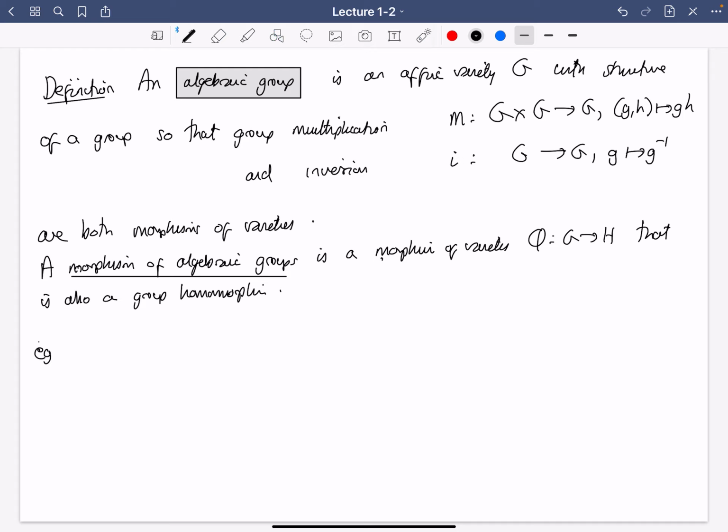Let's just have one little example right away, and that's the most important example, the general linear group GL_n of K, which you know is n by n invertible matrices with entries in our field. So let's see why that's an algebraic group. Well, you have to think about all n by n matrices.